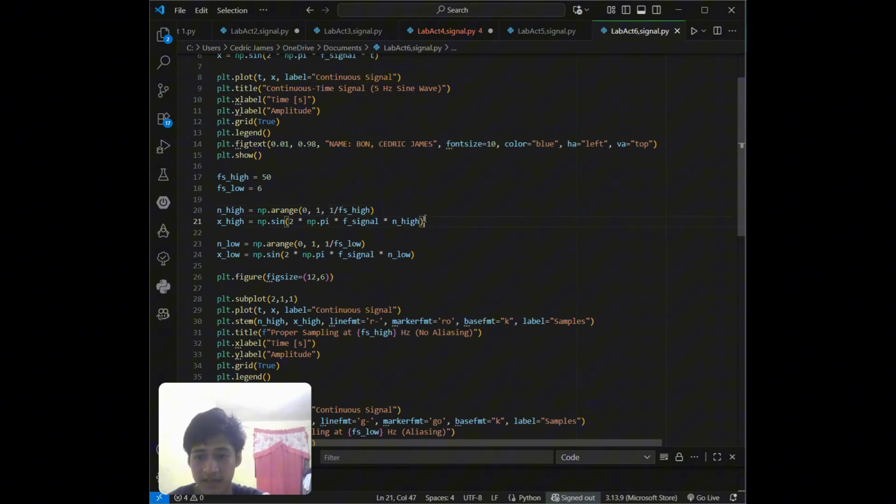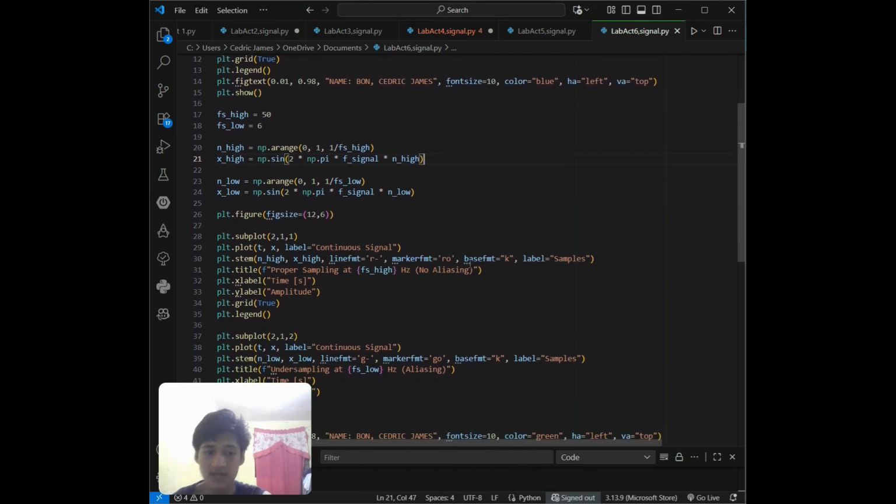The x_high and x_low, these two below, are the corresponding sampled values of the original 5 Hz sine wave. So the plt.figure is for plotting proper sampling.